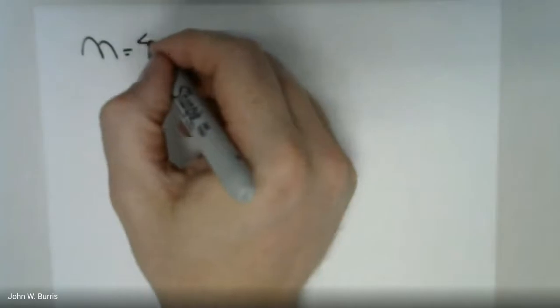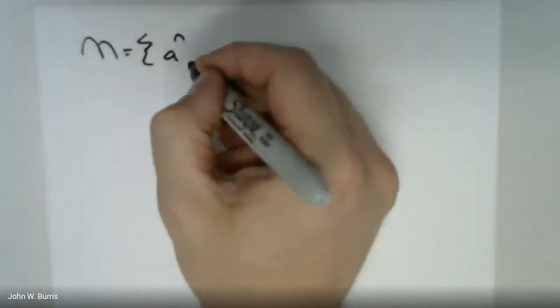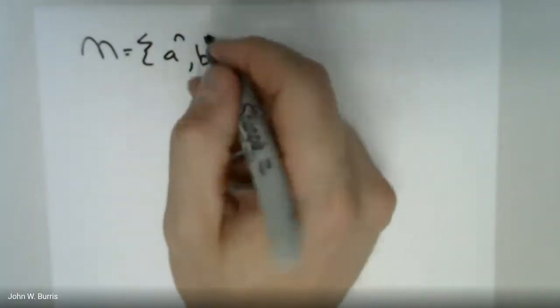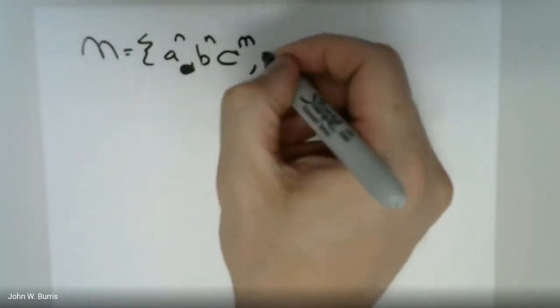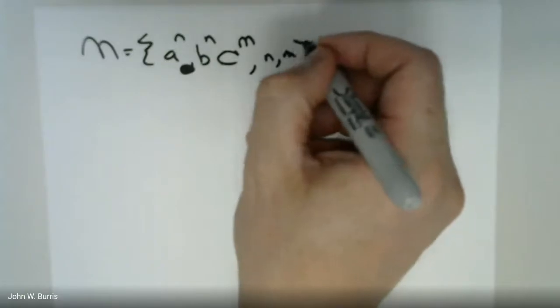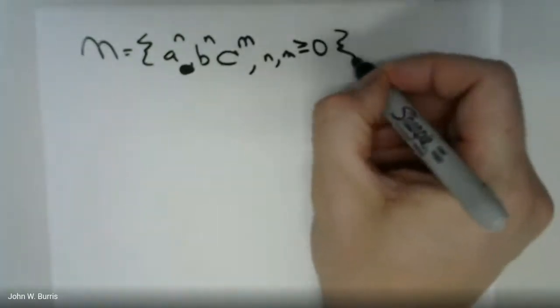Brief mention about 2.22. I already said this a little bit. It's asking for the language M, which is A to the N, B to the N, C to the M, for N and M greater than or equal to 0.